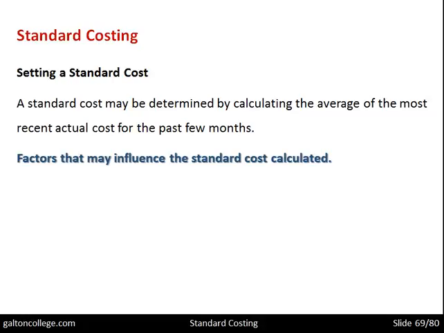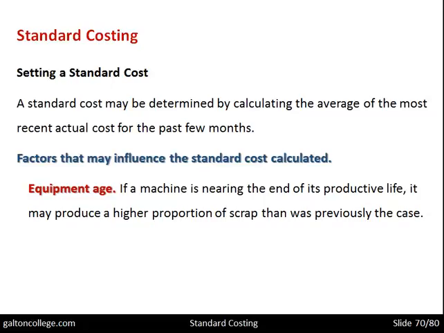Now, factors that may influence the standard costs calculated. Well, the equipment age. If a machine is nearing the end of its productive life, it may produce a higher proportion of scrap than was previously the case.